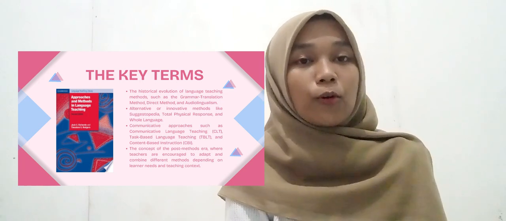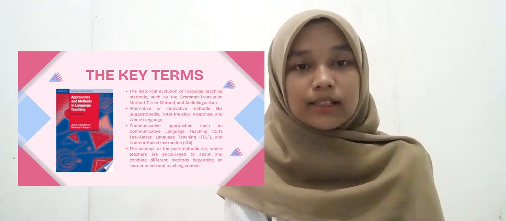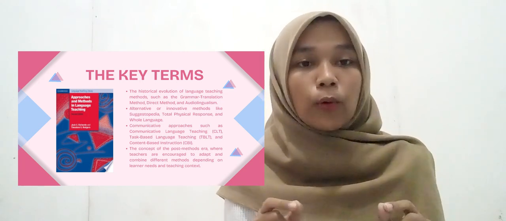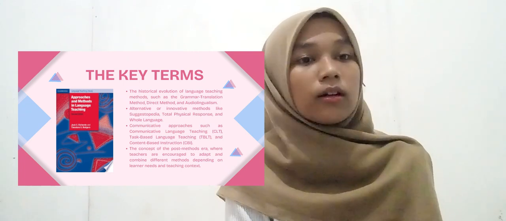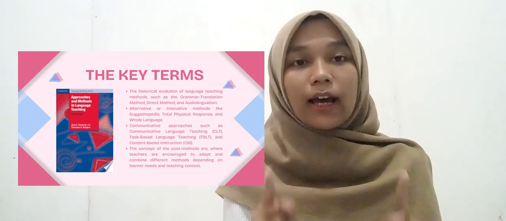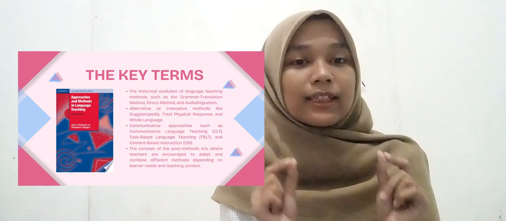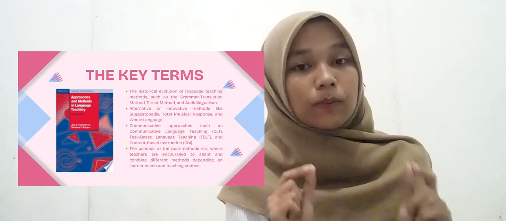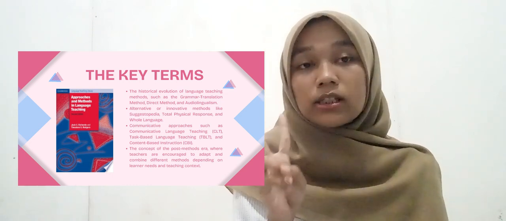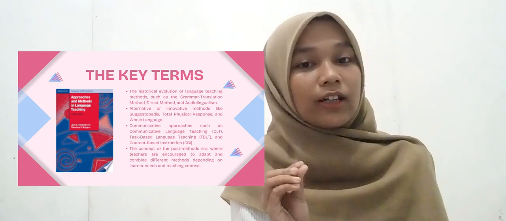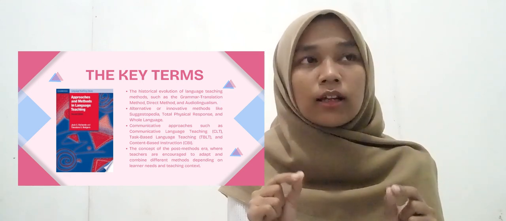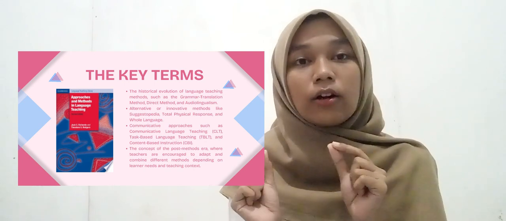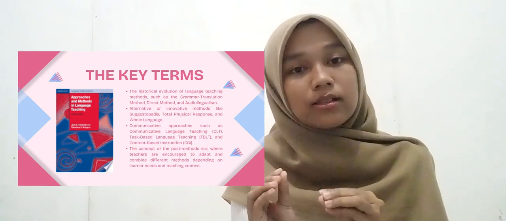The second key term is alternative or innovative methods like Suggestopedia, Total Physical Response, and Whole Language. And this key term is explained in the main chapter 2, Alternative Approaches and Methods, because this chapter covers the modern methods.